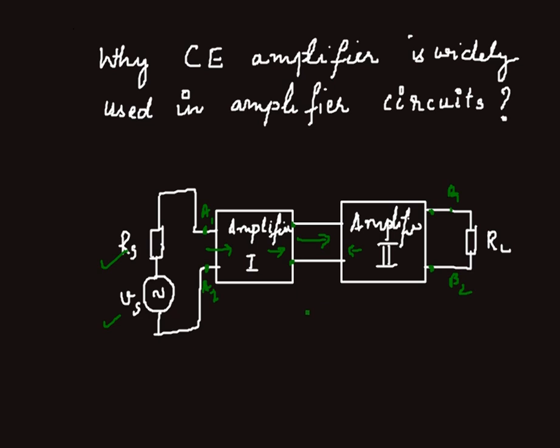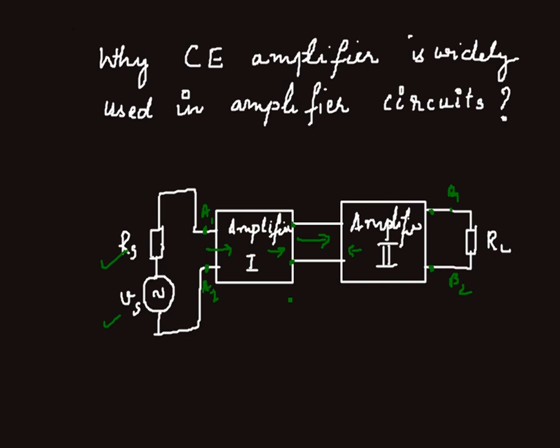It has very low input resistance and very high output resistance, which is just the opposite of what we require. What we require is a high input resistance and low output resistance for these amplifier stages. So we are avoiding common base also. Then what about common emitter? This is much better because its input and output resistances are about 1 kilo ohm and 10 kilo ohm respectively, which is in the medium range.